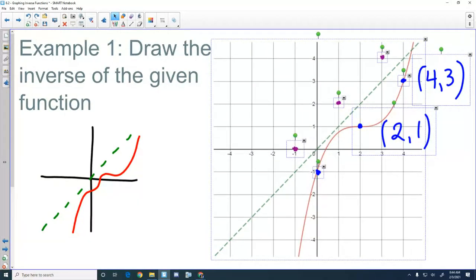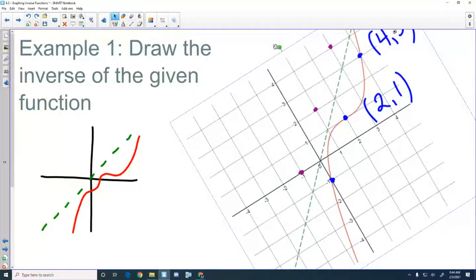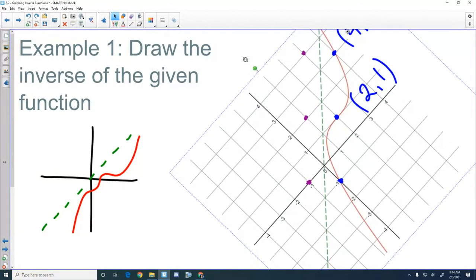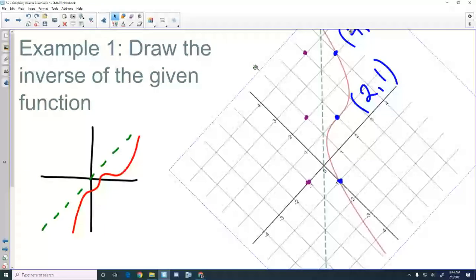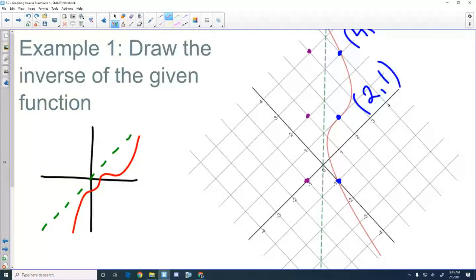Let me group this. So if you want to change your paper so it does look like a mirror, where that dashed line, y equals x, is straight up and down, just reflect things left and right. And try to match it up.